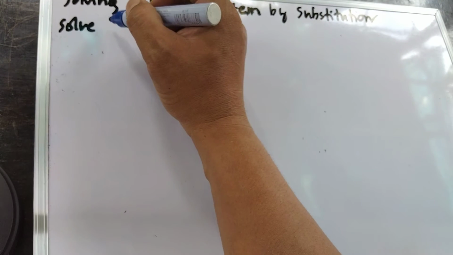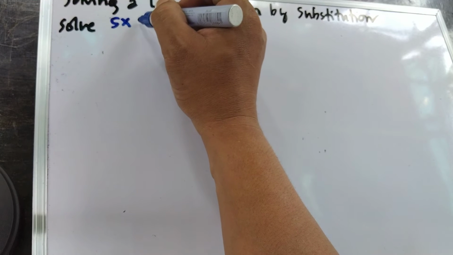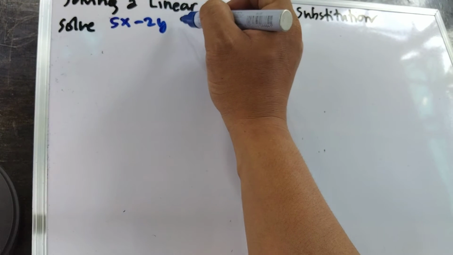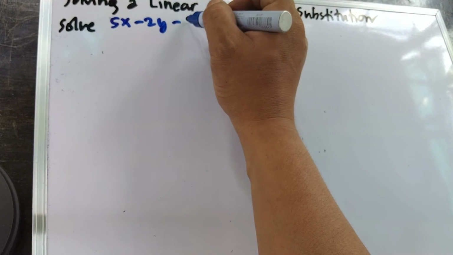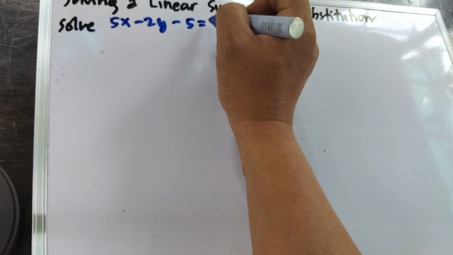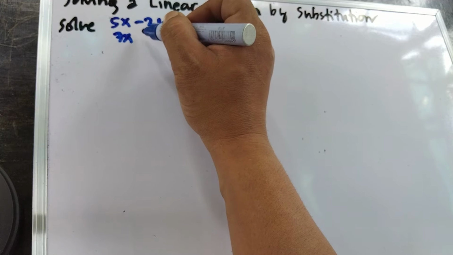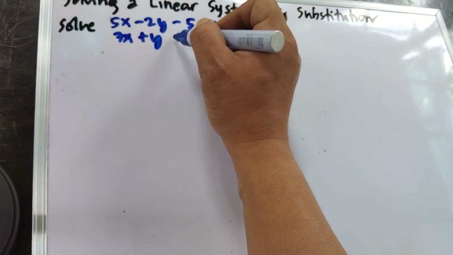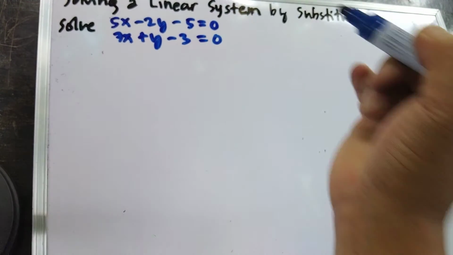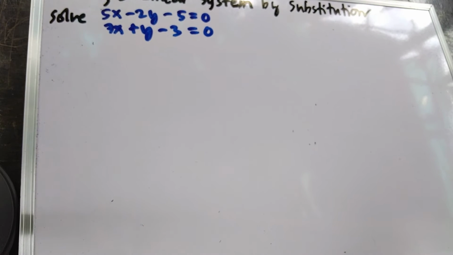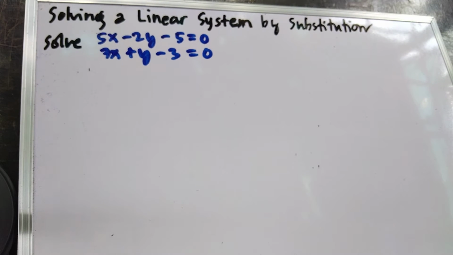We'll have another example: 5x minus 2y minus 5 is equal to 0, and 3x plus y minus 3 is equal to 0. Let's solve this one by substitution.